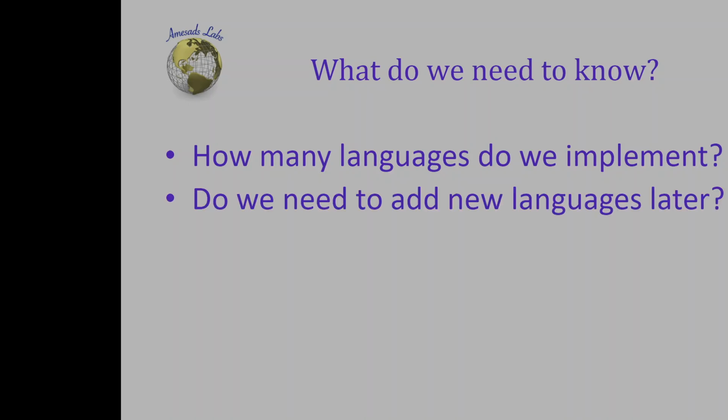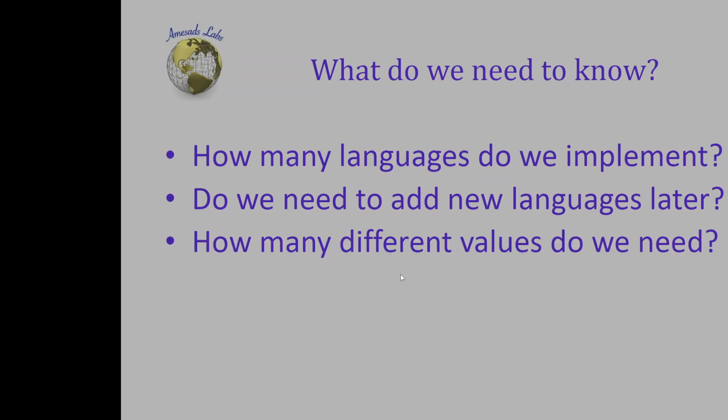Do we need to add new languages later? Yes, maybe. We cannot have 150 languages set up in a system if you only need 3 languages. But if the company is growing, we may need to add another language later.